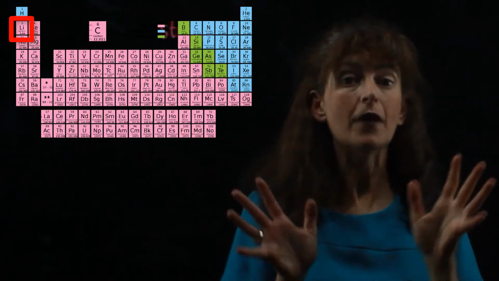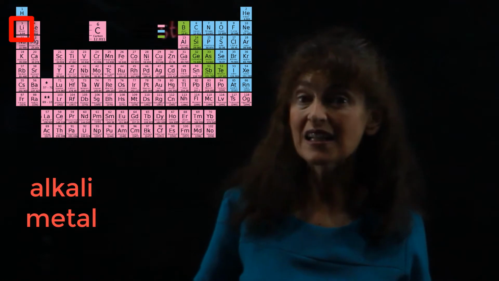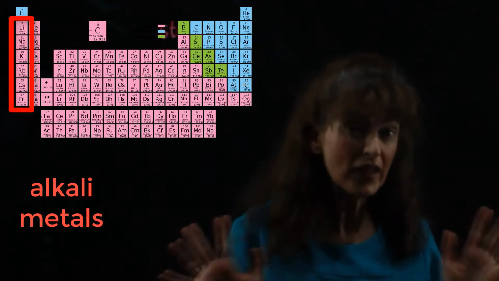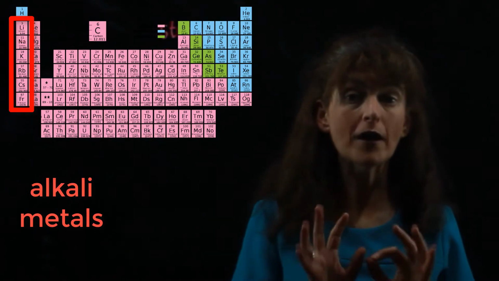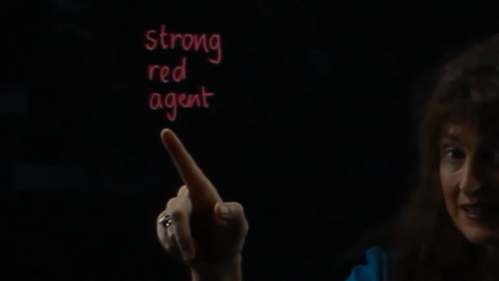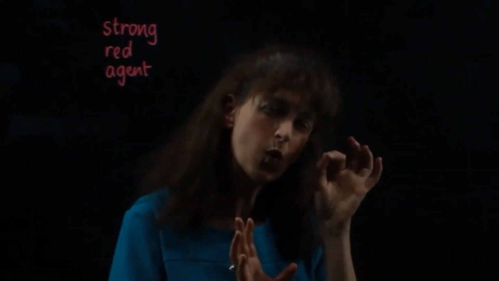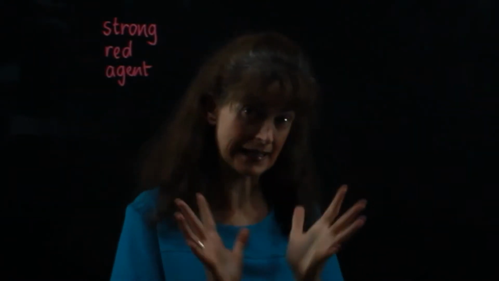Lithium is a very strong reducing agent. Lithium is an alkali metal. All the alkali metals are very generous. And the scientific way of saying that is that they're strong reducing agents. Why are they so generous? Because the alkali metals have only one valence electron in each atom.